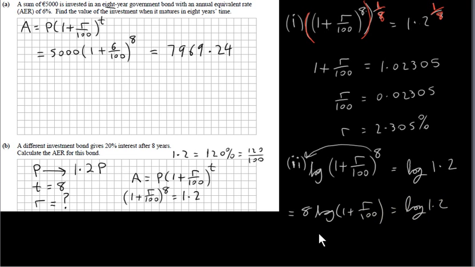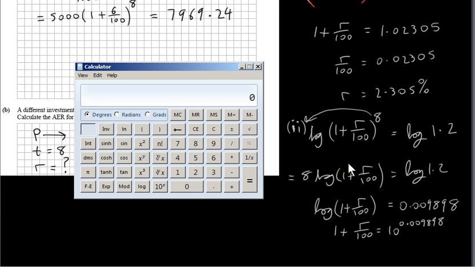So now we need to get the log of 1.2. So you just do that in your calculator. Press the log button. We need to divide by 8. We get this number here, which I have written down to 6 decimal places. So the 7th place is 6. We add 1 onto the 6th place. So we get 8 there.